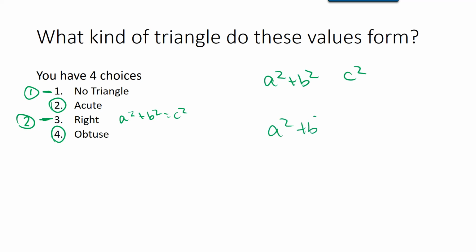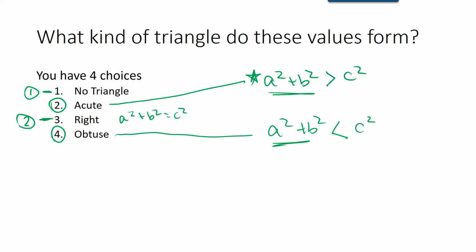Really what could happen is that a squared plus b squared could be greater than c squared, it could be smaller, or it could be equal. And that's how we figure out what type of triangle we have. If a squared plus b squared is greater than c squared, then we have an acute triangle. If a squared plus b squared is less than c squared, then we have an obtuse triangle.